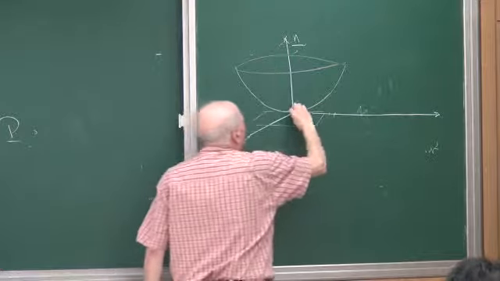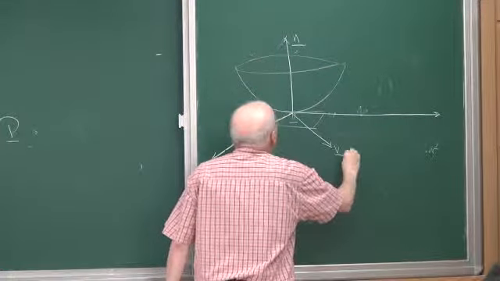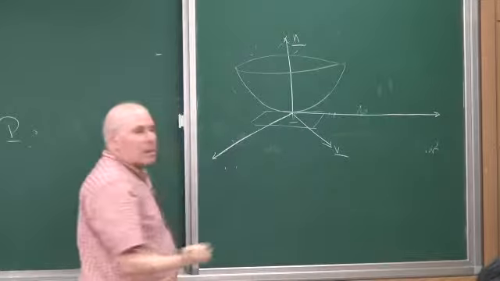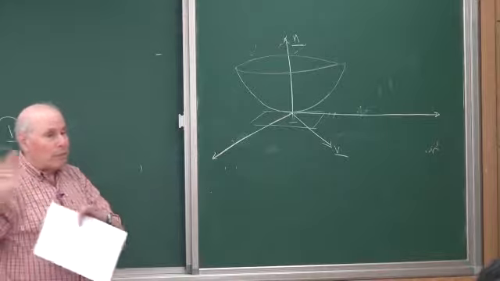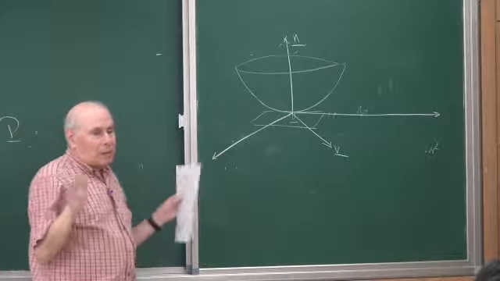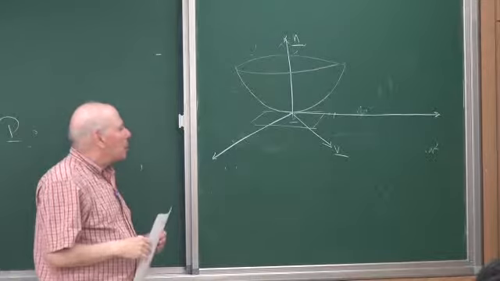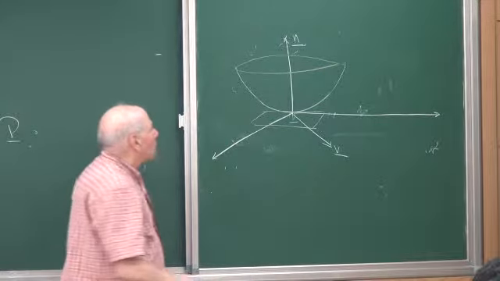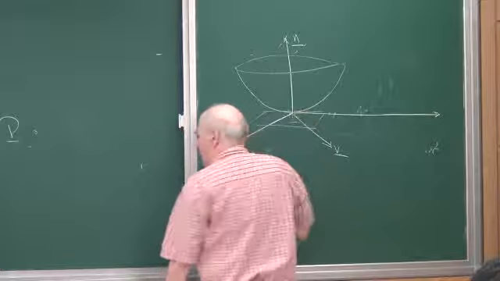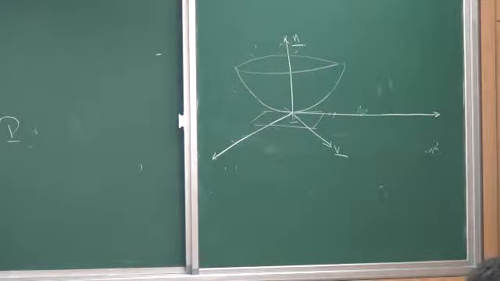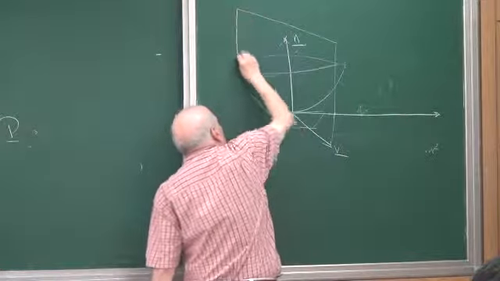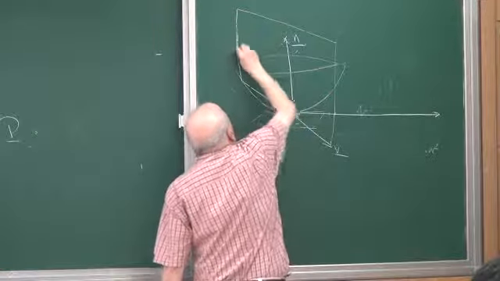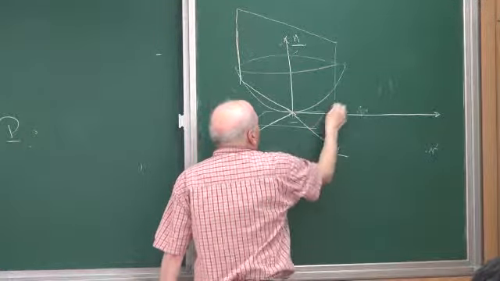Now I can start to take slices. Let's take a slice in the V direction. This V has nothing to do with the old V, because now we're in 2D. It's a two-dimensional tangent plane. So we take a line in the V direction, and I'm taking a plane. The plane looks like that.